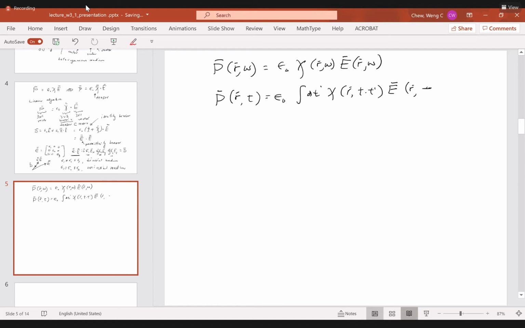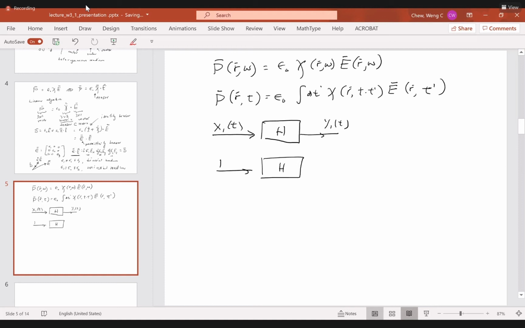You probably have learned about this in your undergraduate course. We know that all linear systems can be written in such a manner because in the undergraduate course, if you have an input x1(t), and the output is y1(t), and then with the same system you have x2(t), and the output is y2(t), and now you put the two inputs together into the same system, you have a linear superposition of these two inputs.